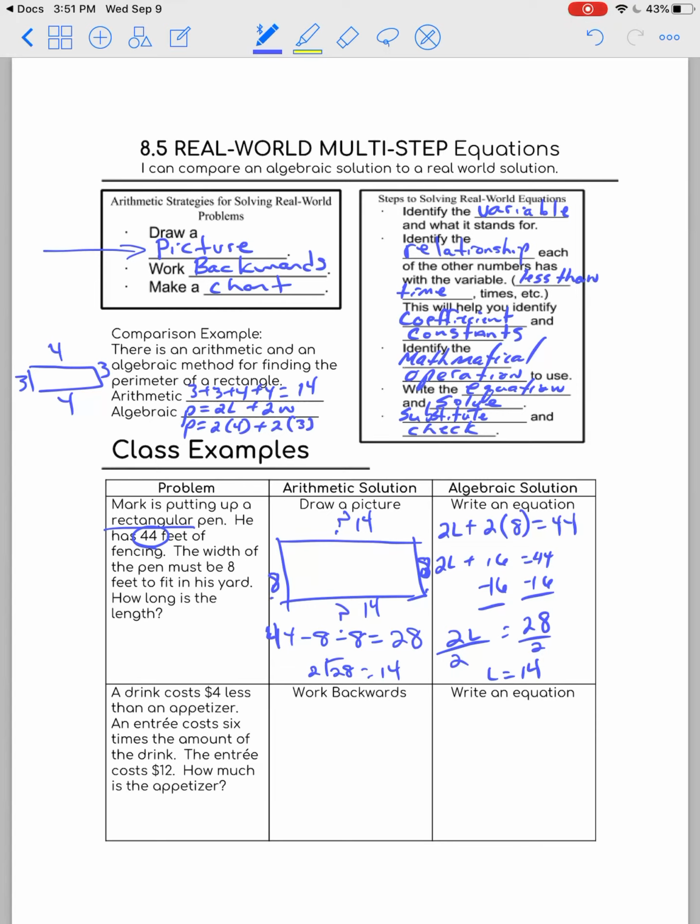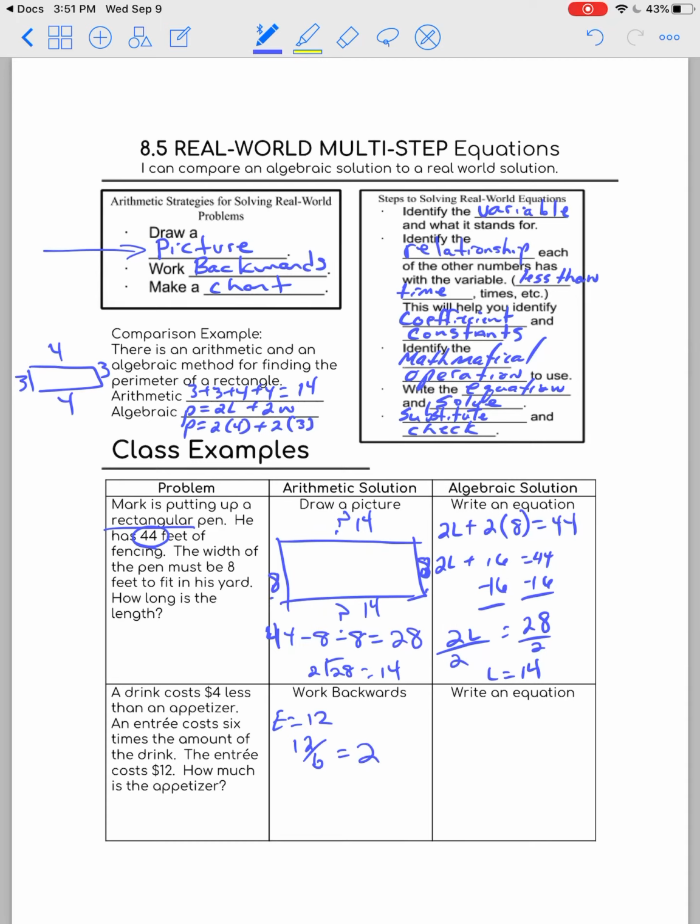So, the entree was $12, right? We can work it backwards. The entree was $12, so I'm just going to put E equals 12. And since it was 6 times as much as the drink, the drink must cost 12 divided by 6, which equals 2.